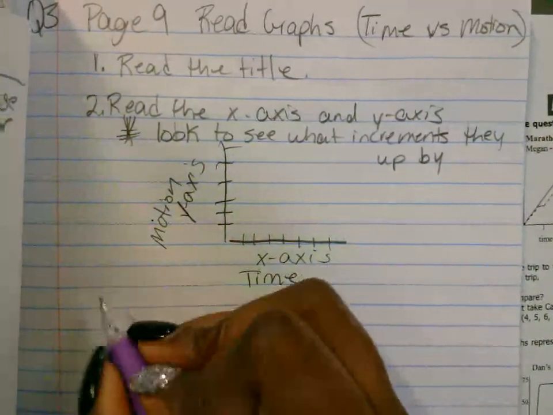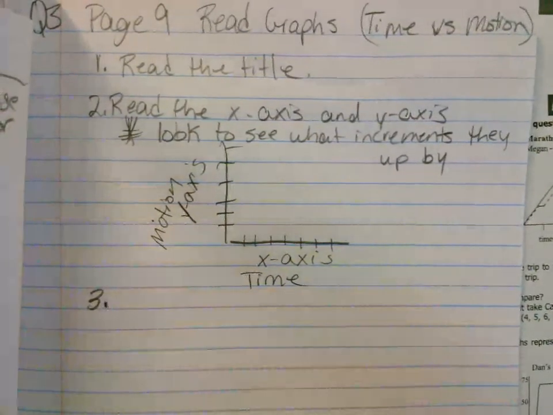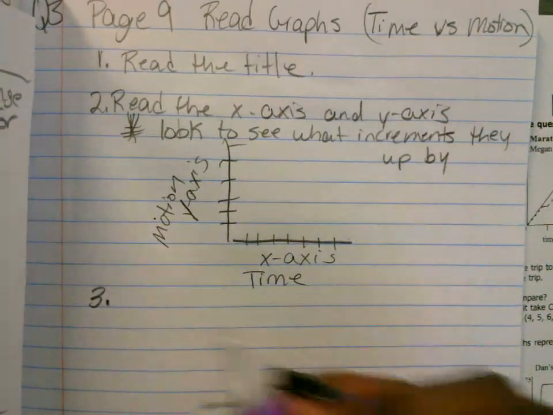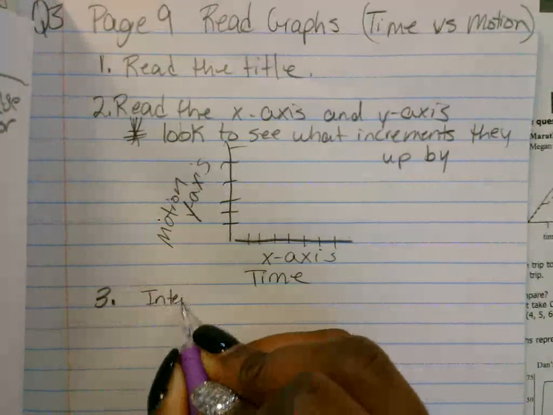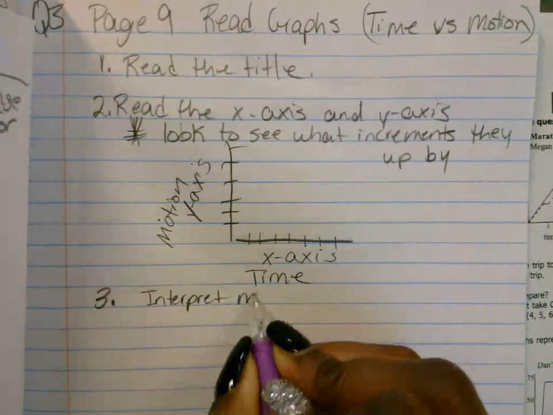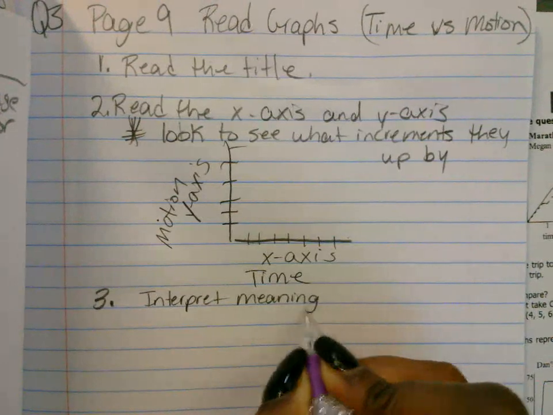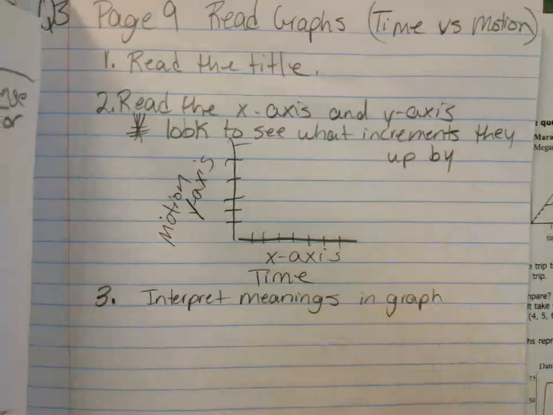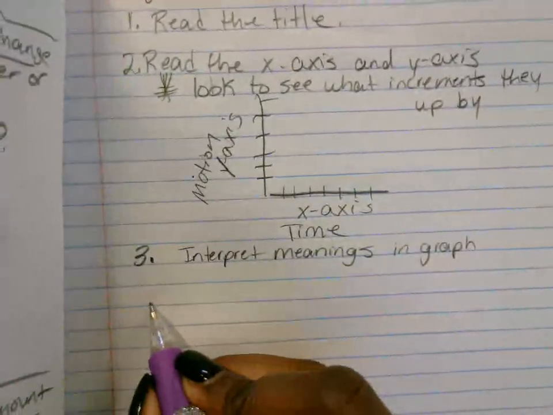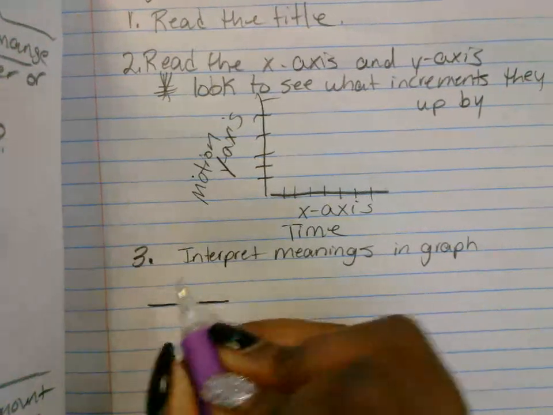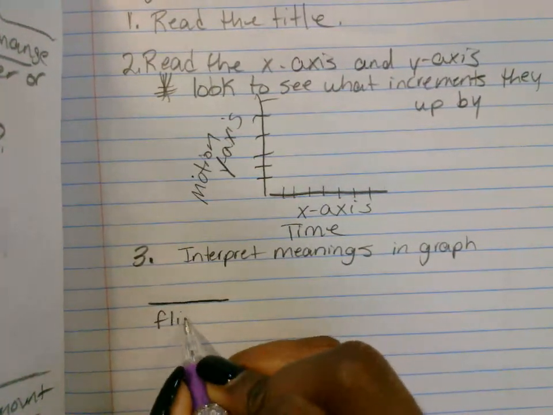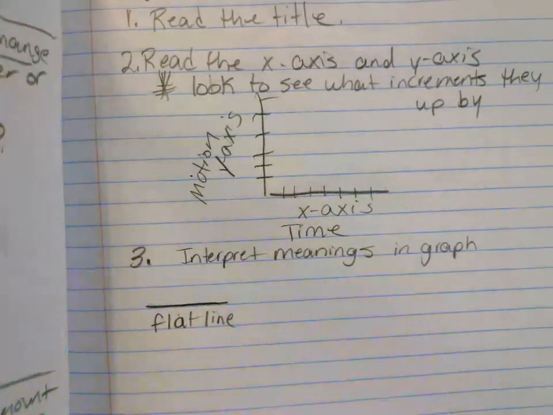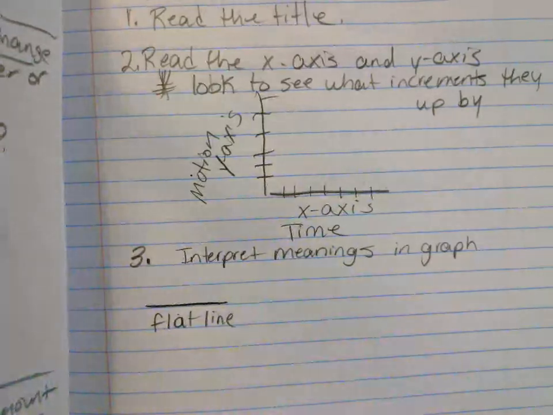All right, reading the actual graph. So you're going to interpret the meaning of the graph. If you see a flat line, the meaning of a flat line is that it's at a constant. This is constant.